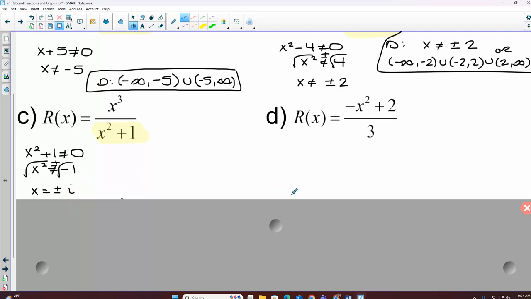I. Okay, my domain, I'm worried about real numbers because I'm going to graph it. Do I have to graph i? No, so what's my domain? It can be any number. My domain is referring to real numbers only.